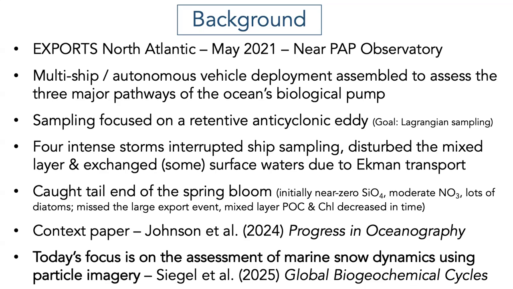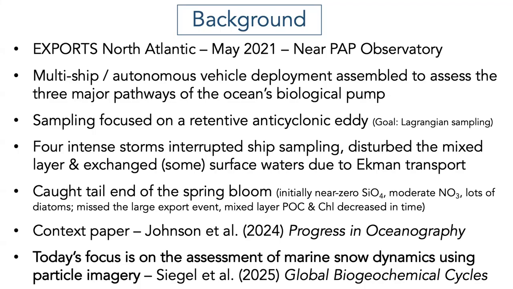Our sampling focused on a retentive anticyclonic eddy. The idea there was that by sampling within an eddy, the low potential vorticity in its core would keep the insides of the eddy from interacting with other places.